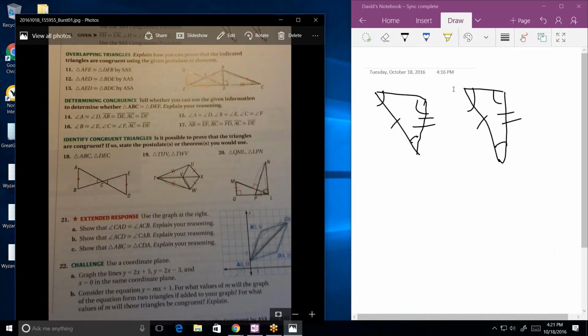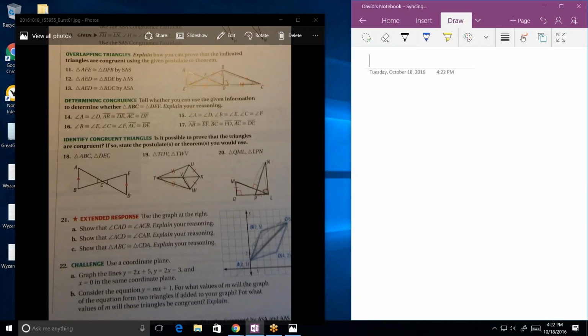Explain how you can prove that the indicated triangles are congruent using the given postulate or theorem. AFE is congruent to DFB by angle, side.